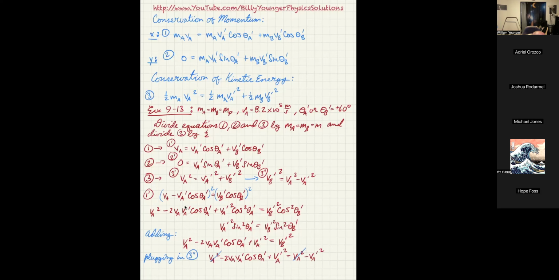This actually allows us to have VA prime on the left-hand side as VA prime squared.